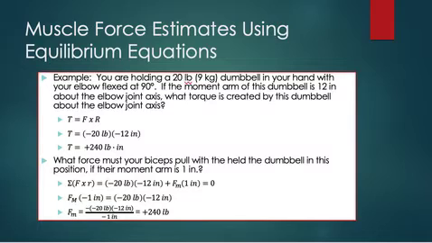The sum of the force times the moment arm is equal to negative 20 pounds times negative 12 inches plus the force of the muscle times 1 inch, which is equal to approximately 240 pounds. So your elbow flexors must create a force of 240 pounds just to hold up a 20-pound dumbbell.